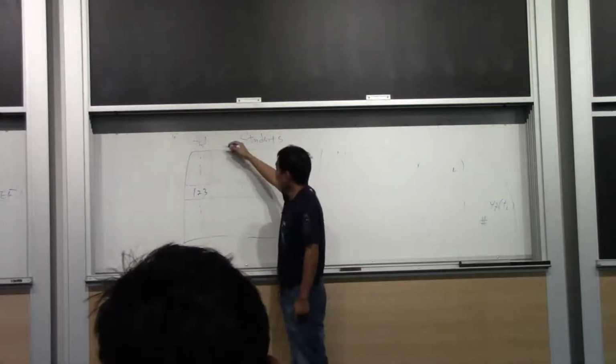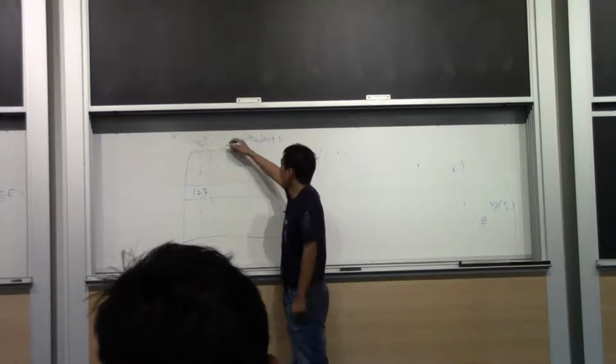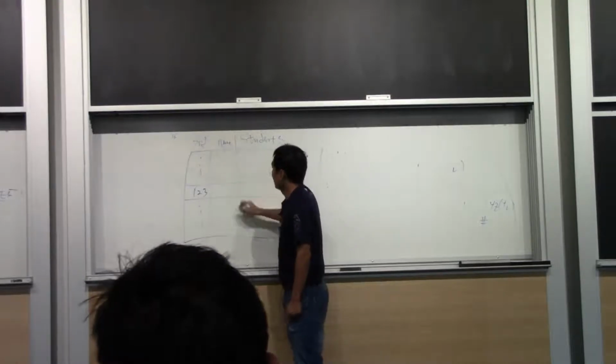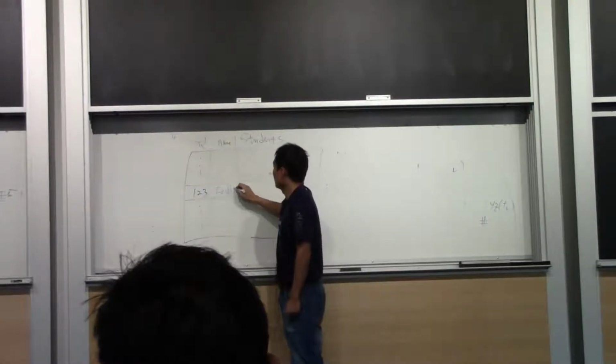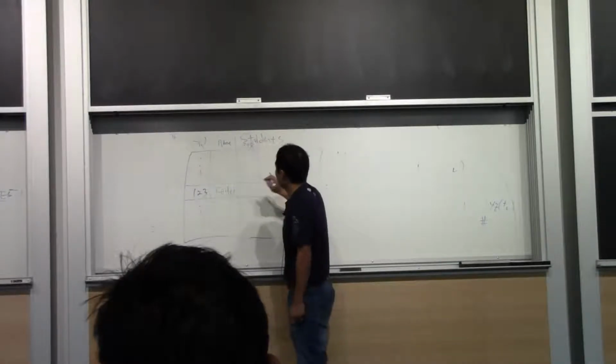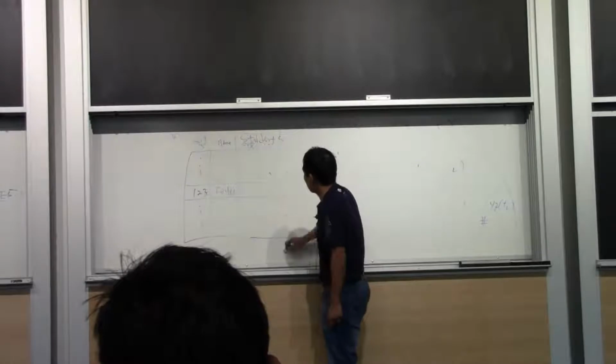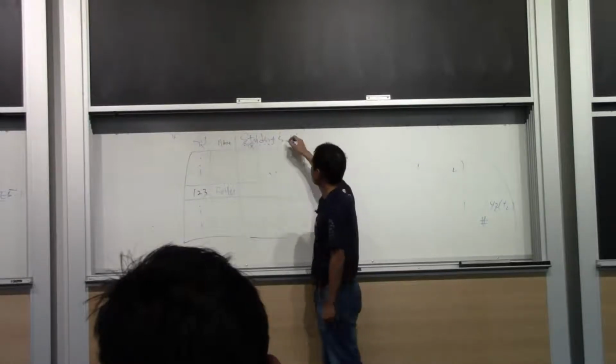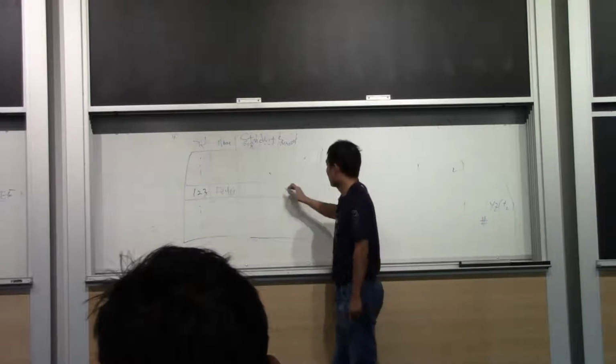The other attributes have multiple values, like name, Feifei, and some other attribute like age, which I don't even care about. But there is an attribute called major. Let's say my major initially is undecided, TBD.